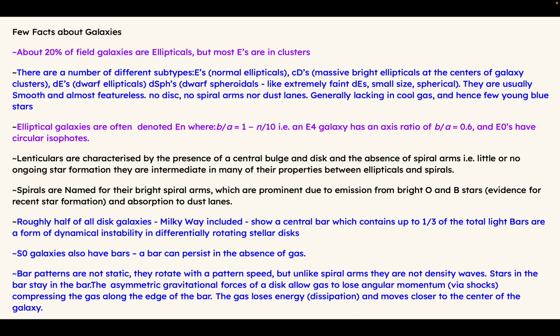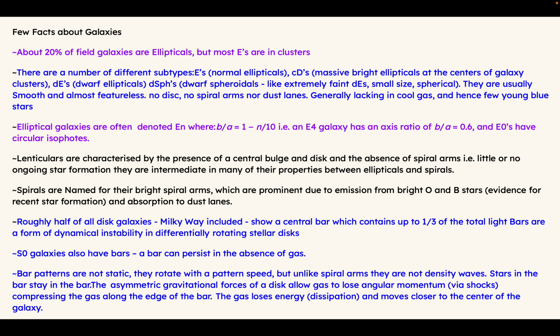E0s have circular isophotes. Lenticulars are characterized by the presence of a central bulge and a disc and the absence of any spiral arms, with very little star formation ongoing within these lenticulars.